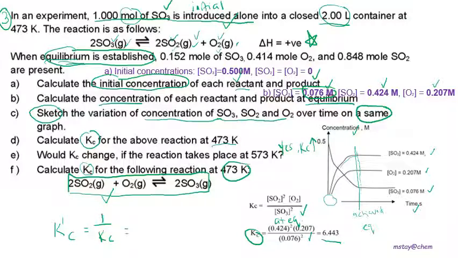So we use 1 over 6.443 and press the calculator. You will get the answer 0.1552.